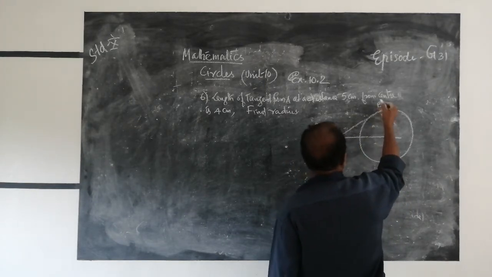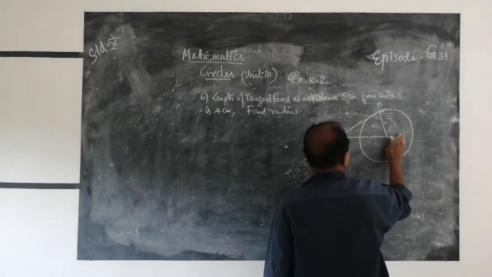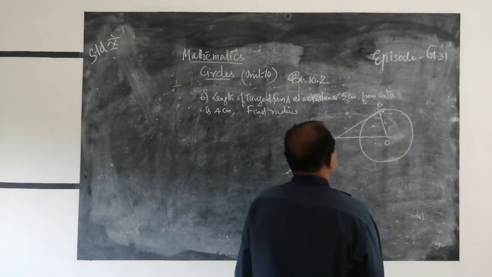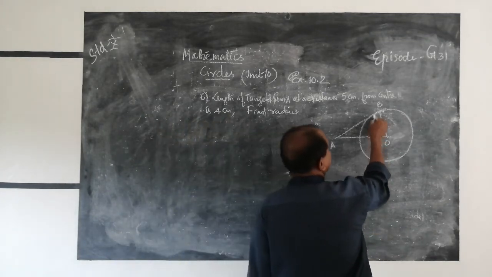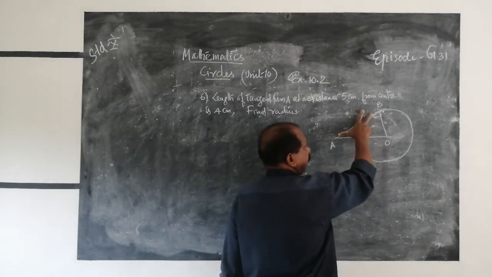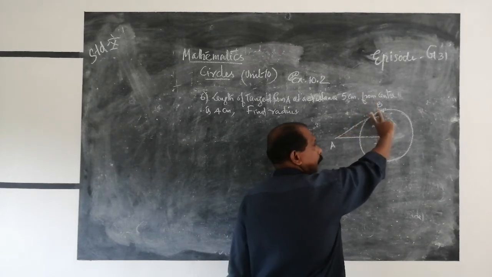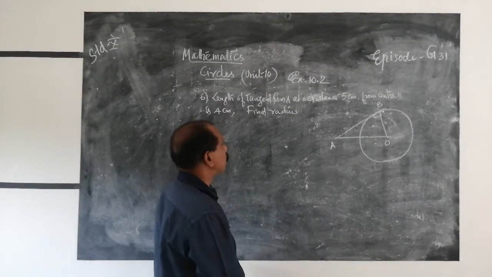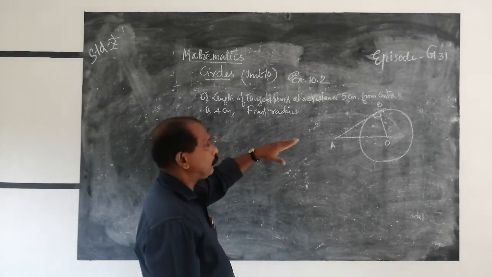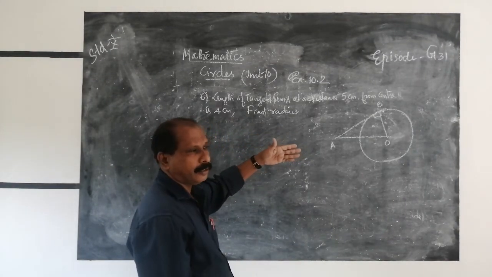A, B, center O. We know that the radius and the tangent are perpendicular. Therefore, this is the base, the radius is the altitude, and the distance is the hypotenuse. They form a right angle triangle.